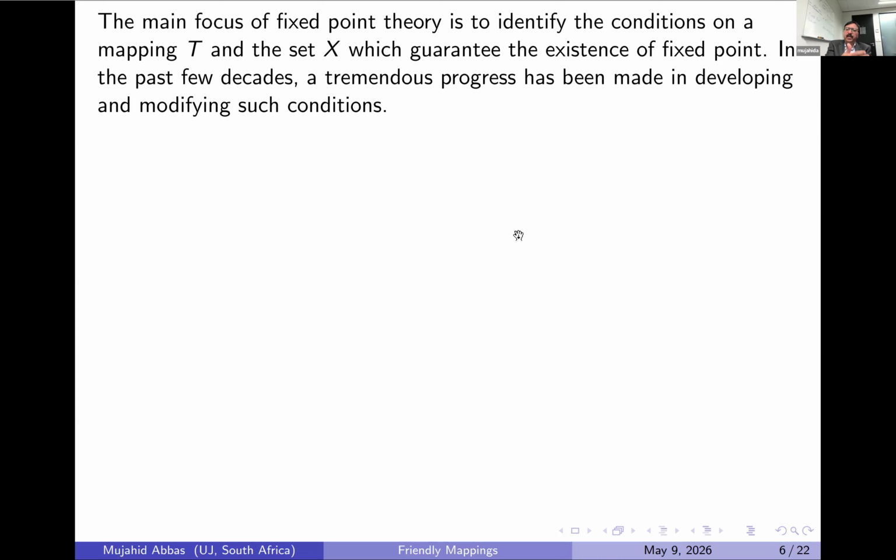It could be a metric space, it could be a compact space, it could be a Banach space where you don't have the structure of an inner product, it could be Hilbert spaces, and so many sets you have. So basically, we need to study certain conditions on the mapping F and on the underlying structure so that the existence of the fixed point is guaranteed.